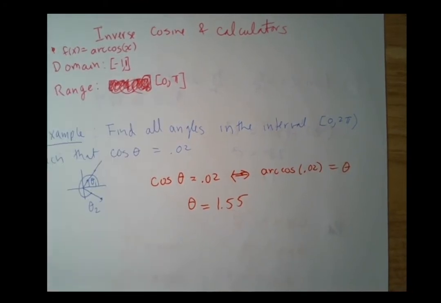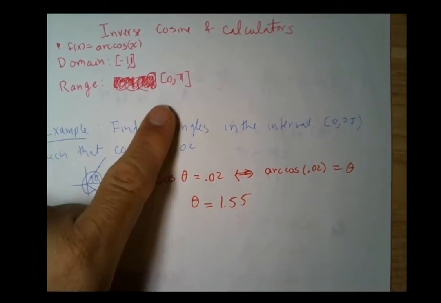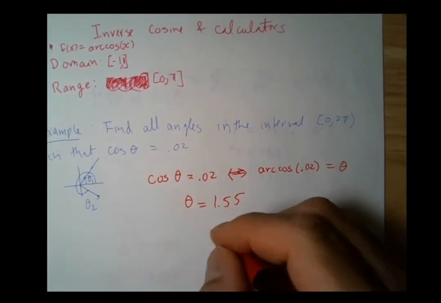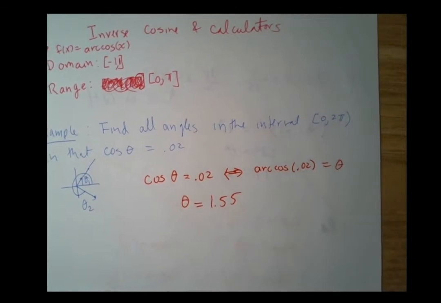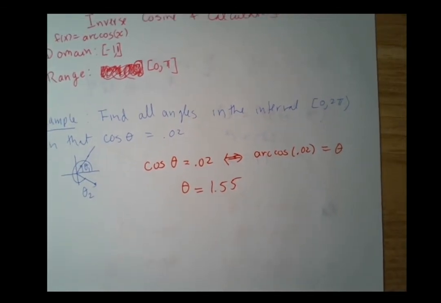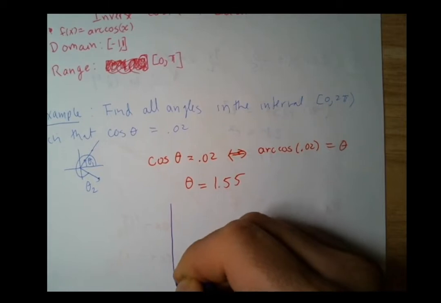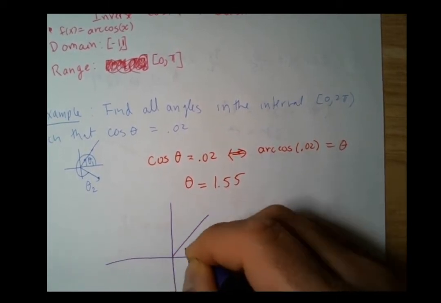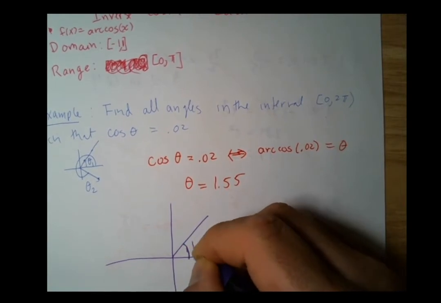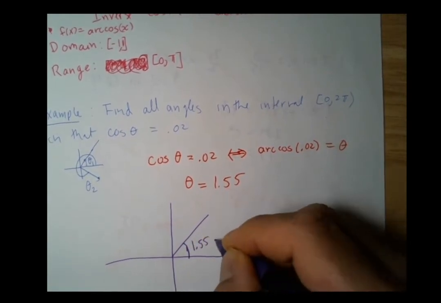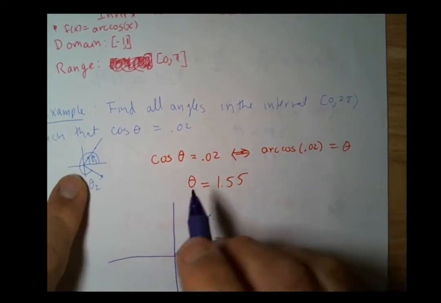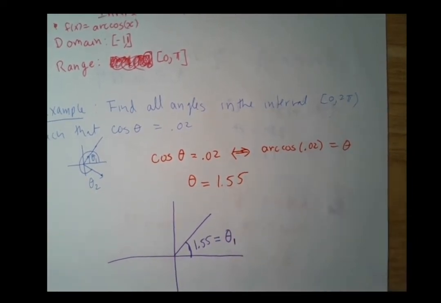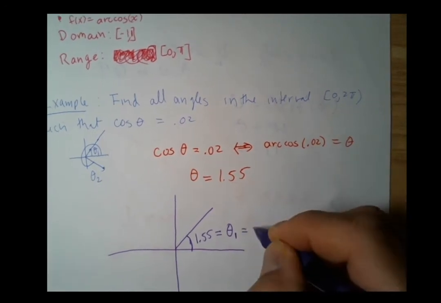Our range here means that theta is in quadrant 1. So that means here 1.55. This also happens to be our theta 1, so we get theta 1 right away. And it's also our reference angle.